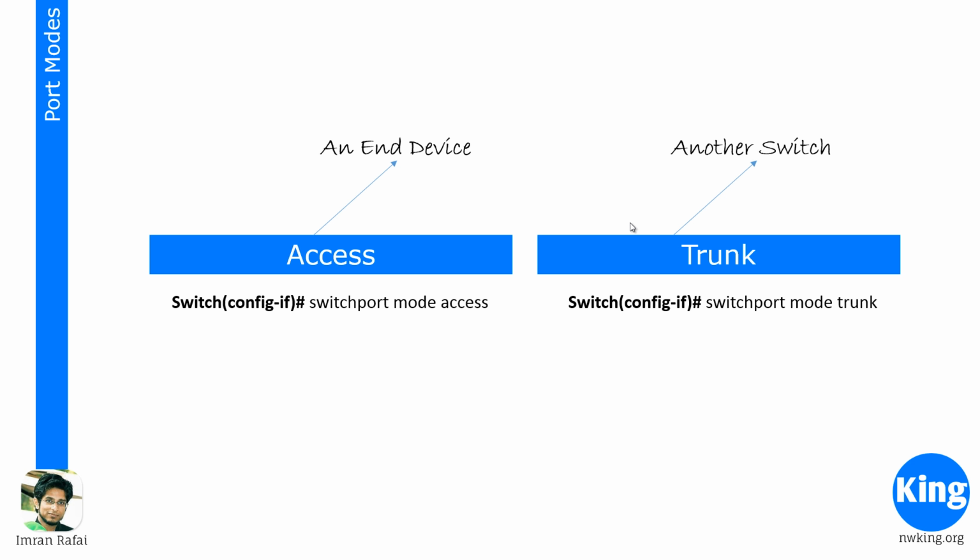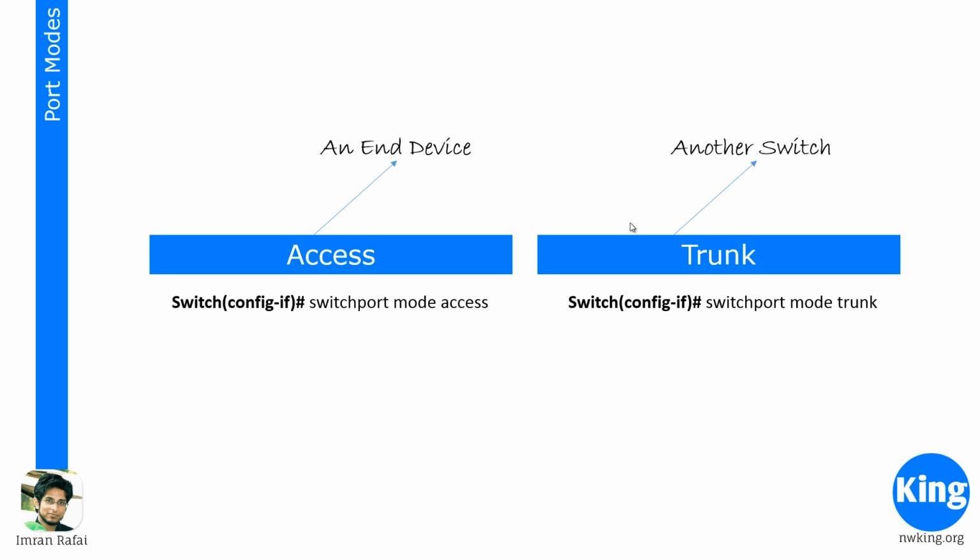So basically they share. At the moment we haven't spoken much about VLANs, but when we talk about VLAN, we will come back to trunk and talk about different aspects. But at the moment, you know that trunk mode is used when a switch is connected to another switch. Access mode is used when that switch is connected to an end device. Here, when I say switch, what I literally mean is that particular port. So these modes are not for the switch.